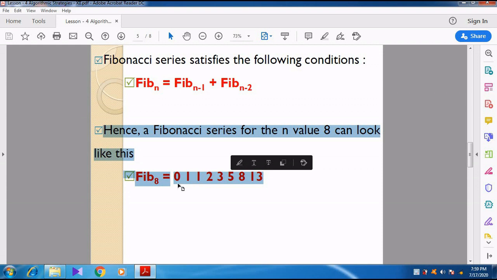Now add 1 plus 1, it becomes 2. Then 1 plus 2 becomes 3, 2 plus 3 becomes 5, 3 plus 5 becomes 8, and 5 plus 8 becomes 13. That is what they are trying to convey.